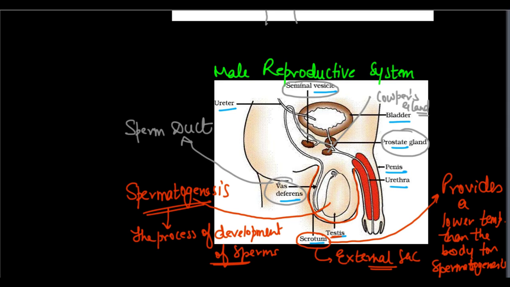So these glands secrete their fluids into the sperm. And what is the function of these secretions?